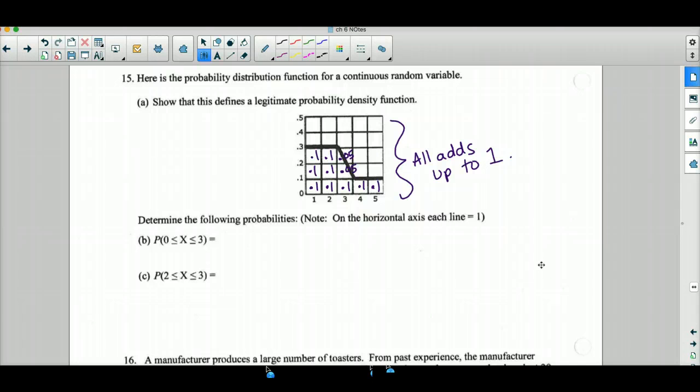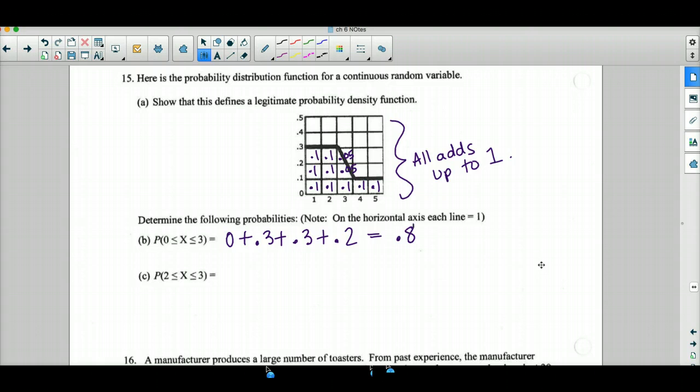Okay, find the probability that it's between 0 and 3 inclusively. So the probability that you're at 0, that's weird. Probability of 0 is 0 plus the probability of 1 is 0.3 plus the probability of 2 is 0.3 plus the probability of 3 is 0.2, and that should add up to 0.8.